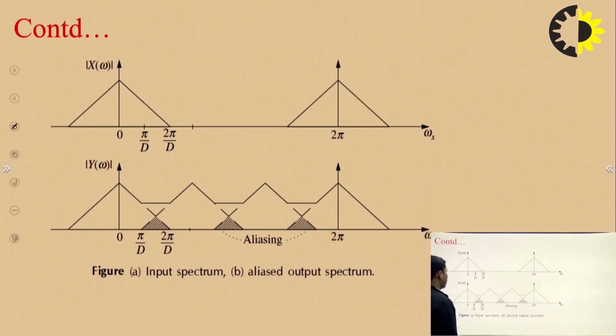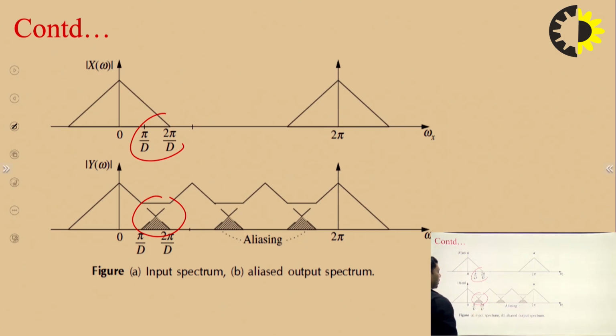As you can pictorially see here, if we apply any sequence, X of omega is the expanded version of xn, from 0 to 2 pi by d. So when we get the output, the signals can mix with each other, so that this type of aliasing occurs at this point, because when the other response comes out it can overlap.